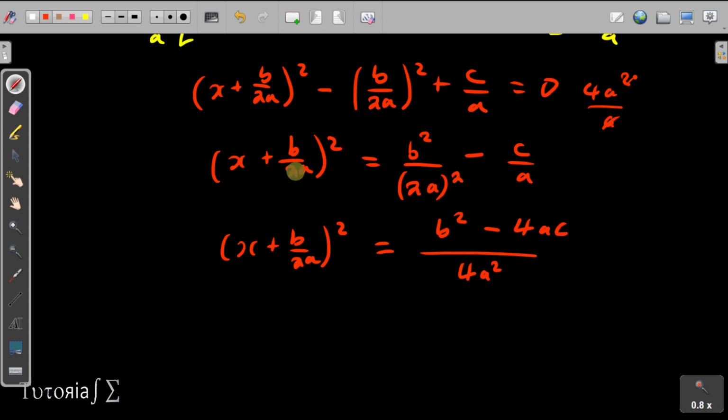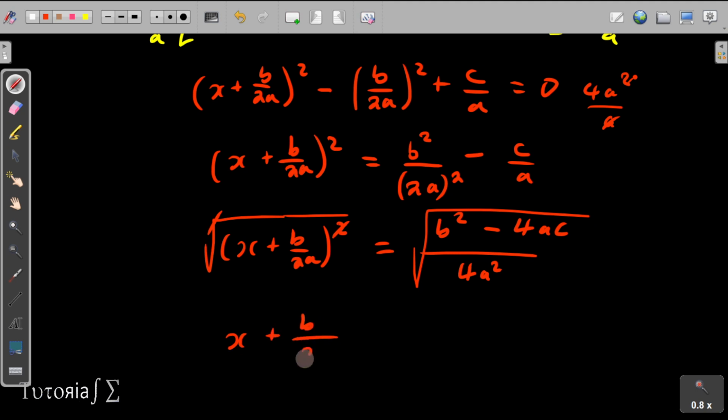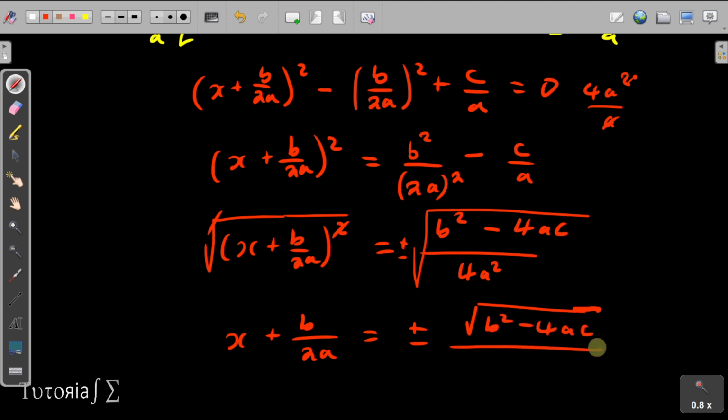Then we can introduce the square root both sides, so that this and that can cancel. Here we are going to remain with x plus b over 2a equal to plus or minus, then we can separate the square root to apply to the numerator and the denominator. So there is root of b squared minus 4ac over the square root of 4a squared.